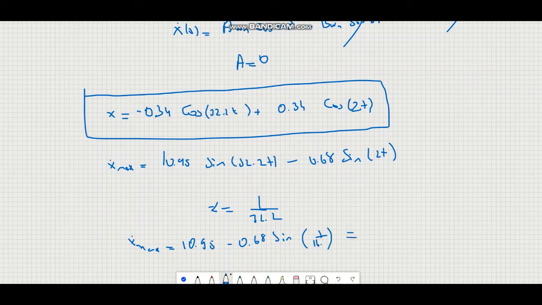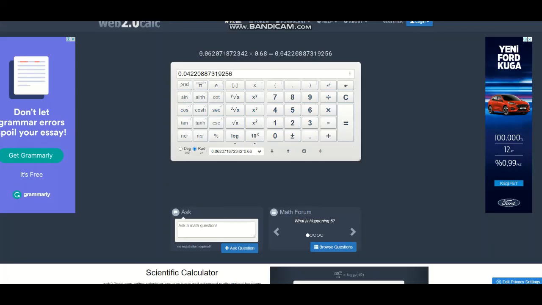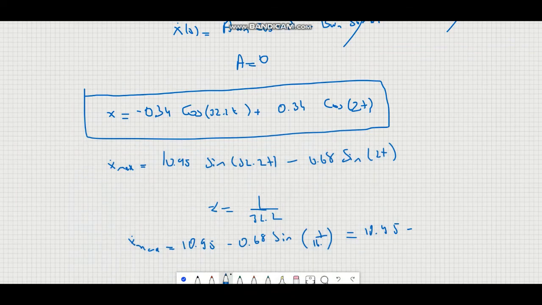So it's 10.95 minus 0.04. The maximum velocity is 10.91 feet per second. So we found the maximum velocity. Okay.